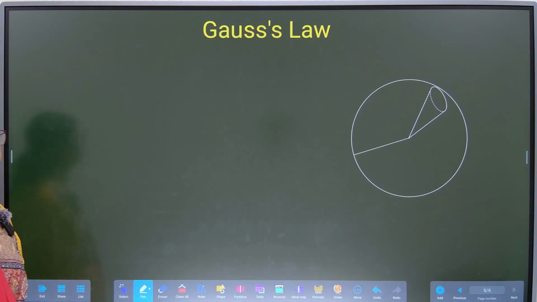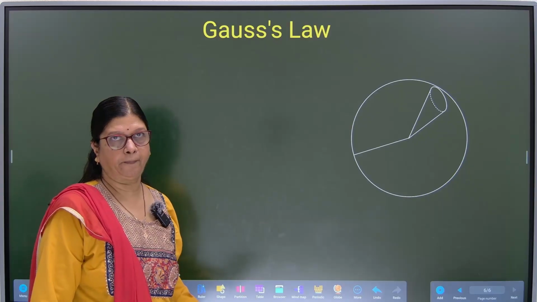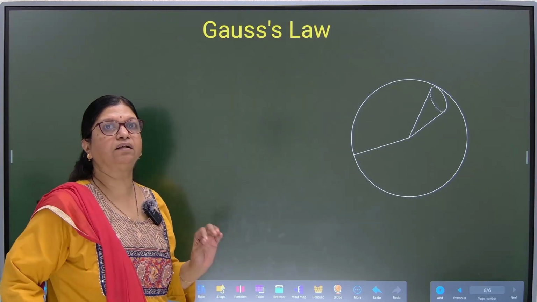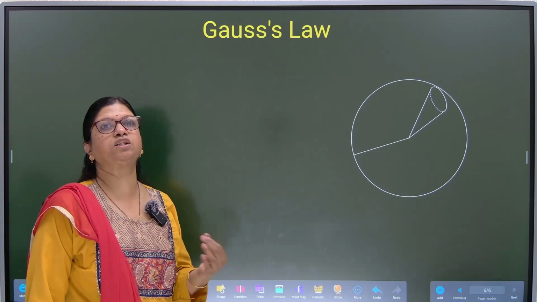Now using the definition of the electric flux, we shall derive or formulate Gauss's law.